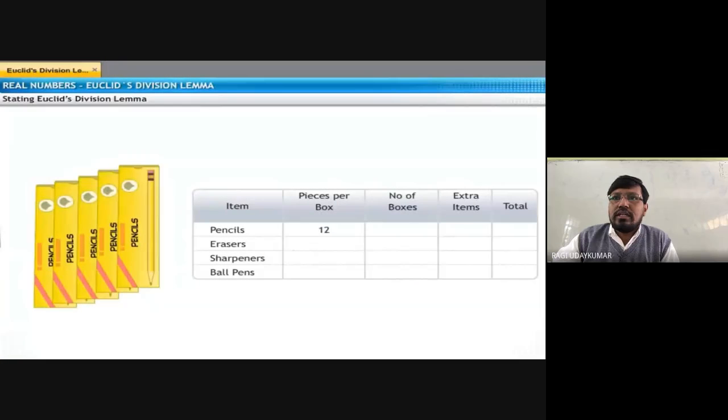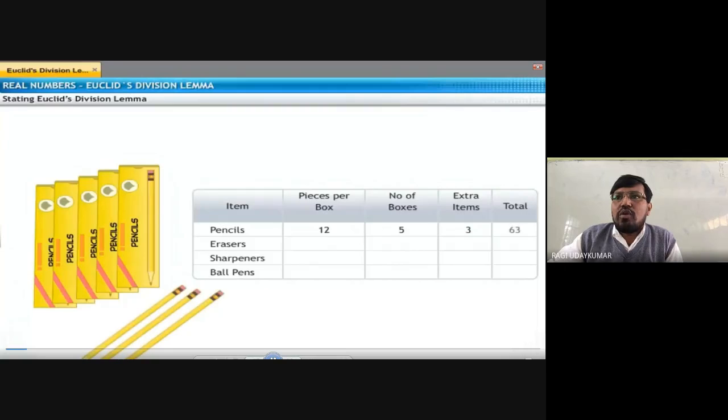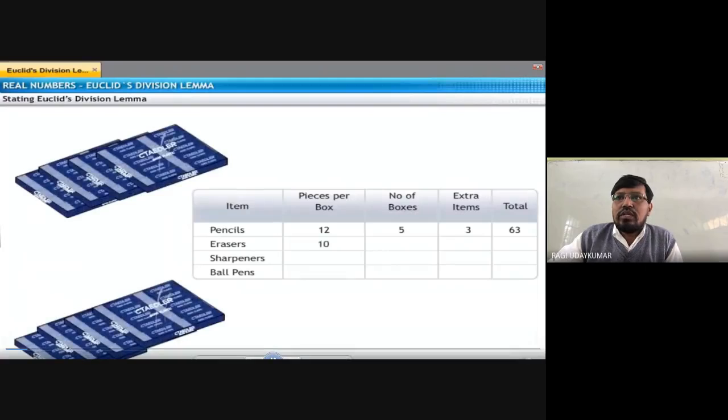Here you see some items are given to you. Pencils: pieces per box, in one box 12 pencils are there, number of boxes is 5, extra items 3, so the total is 63.